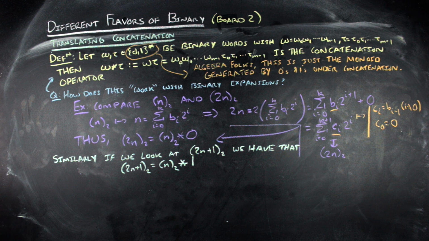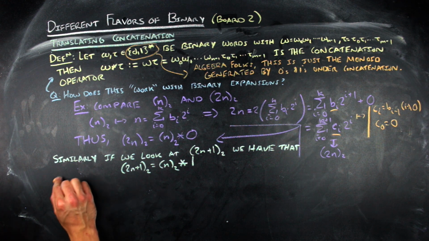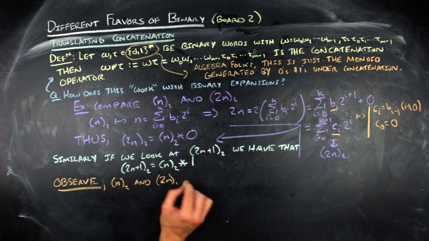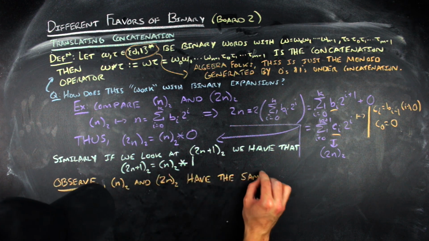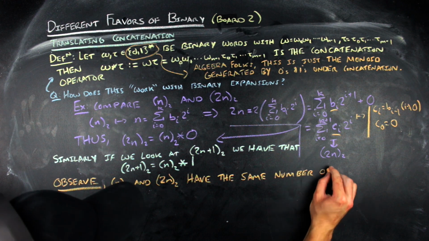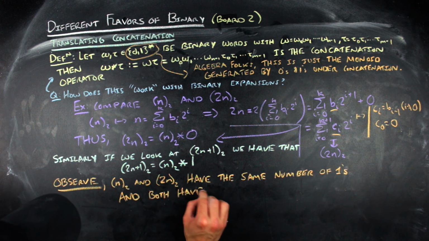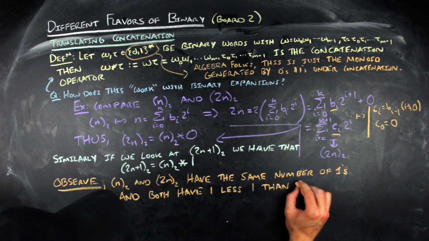And this next thing is important because we're going to use it a ton in this video. The observation you should make here is that n and 2n have the same number of 1s in their binary expansion, and that is strictly different than the number of 1s in the binary expansion of 2n plus 1. And in particular, they differ by just 1.